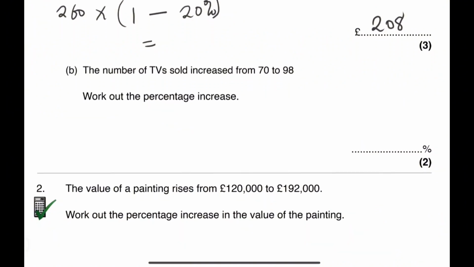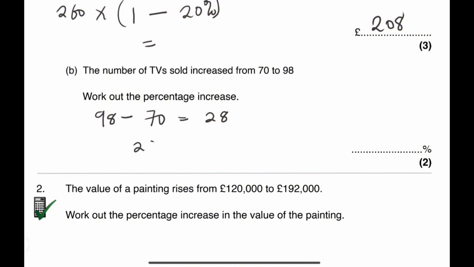The number of TVs sold increased from 70 to 98. Work out the percentage increase. So easy. Remember the formula? First we calculate the difference. So 98 minus 70 is equal to 28. So what will be the percentage increase?